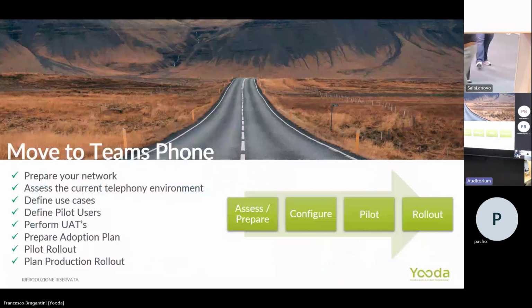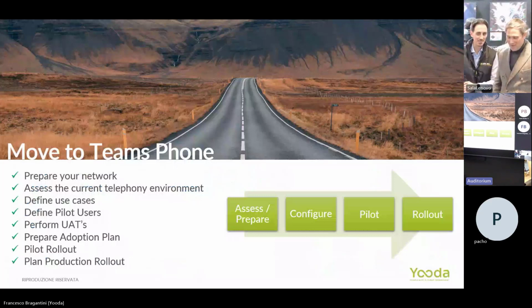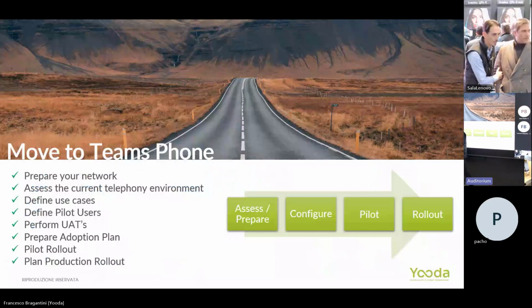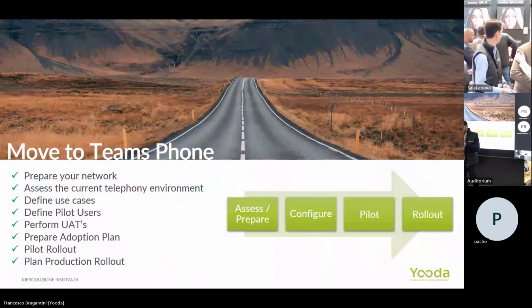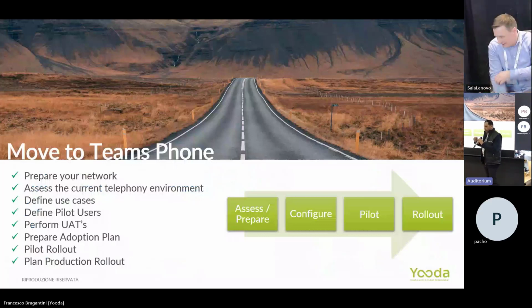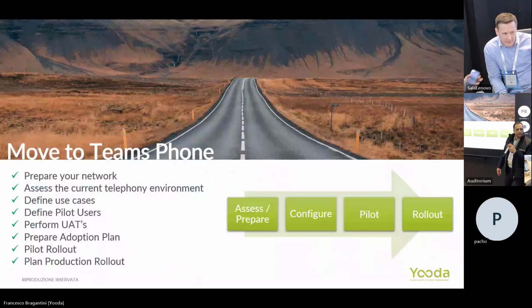Then you find pilot users for inserting them early into the adoption program, perform user acceptance testing with them, and then after you have retrieved their feedback, you can then, with a pilot rollout, plan the production rollout, a scheduled, gradual one with a direct routing solution. Basically, these are the overall steps. You can move on.